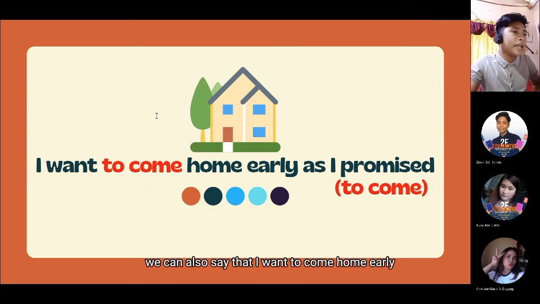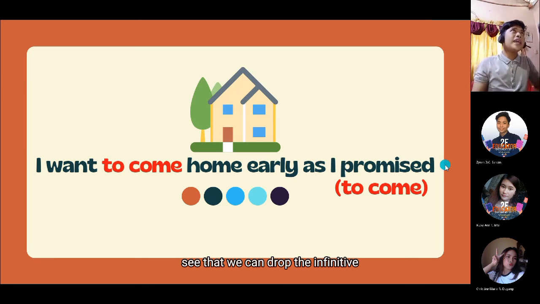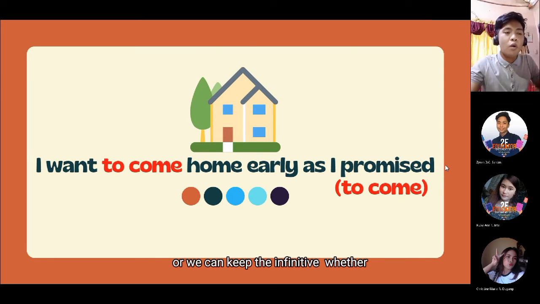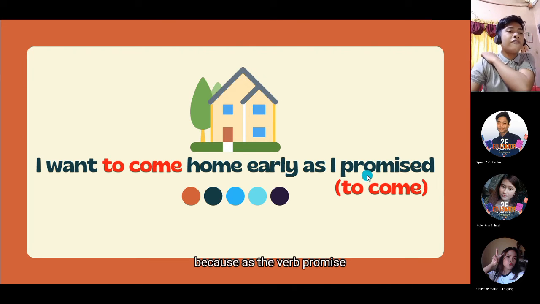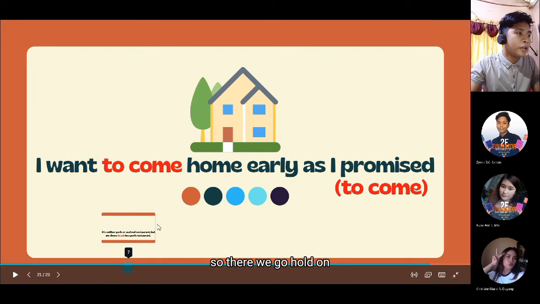We can also say that I want to come home early as I promised to come. Or we can just say, I want to come home early as I promised. See, we can drop the infinitive or we can keep the infinitive, and it still makes sense because of the verb promise in our sentence. So there we go.